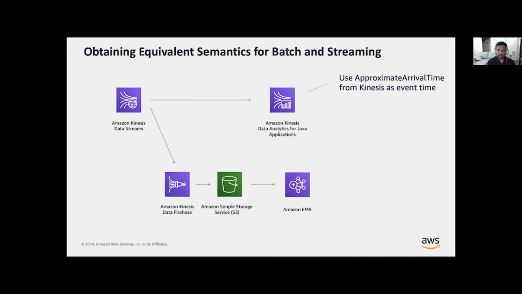And underneath the covers, we're going to set things up so that we use the approximate arrival time in our Kinesis data stream as the signal that tells us what is the event time that's been assigned to a message. And that is fundamental to enabling equivalent semantics for batch and streaming.